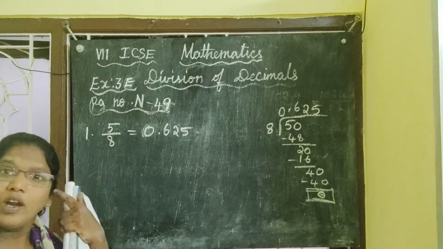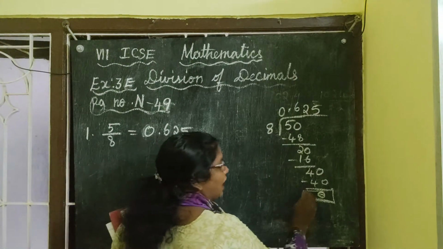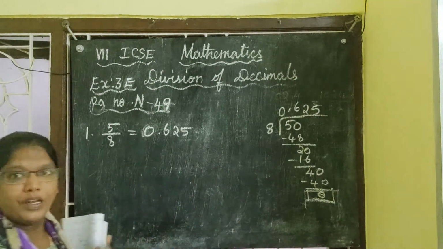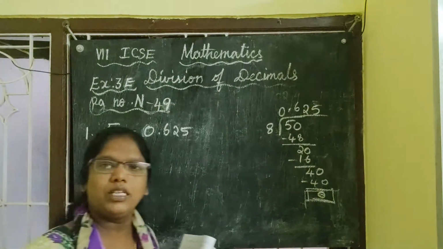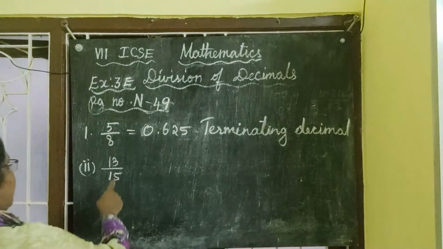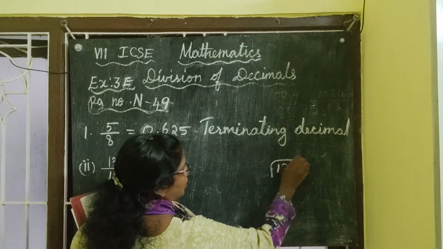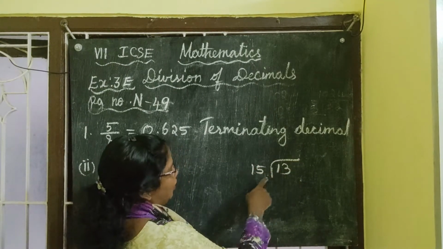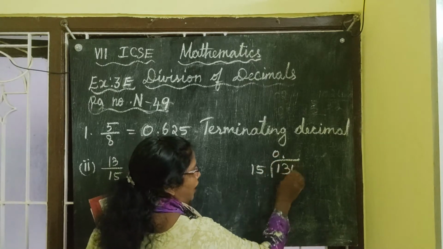Then what is called non-terminating? After dividing like this, if we get a remainder and it keeps on going, it is called non-terminating. I will teach one sum in that. See, second sum, 13 by 15. I will go ahead and show this. Okay, we don't have 15 in 13, so keep the decimal and add 0.